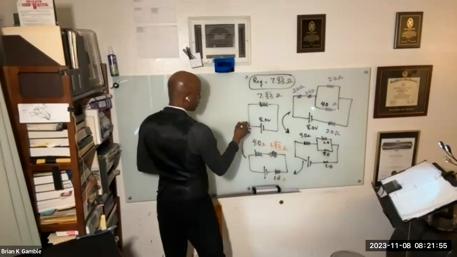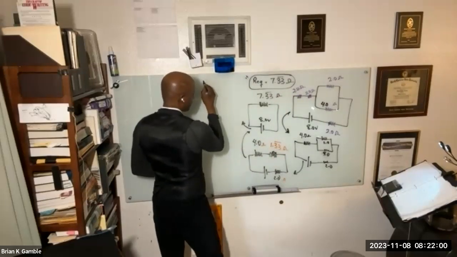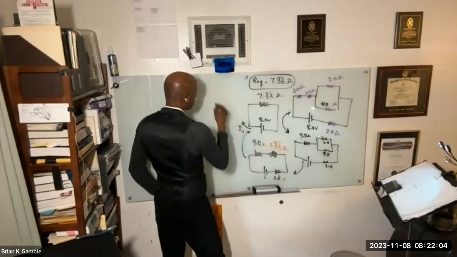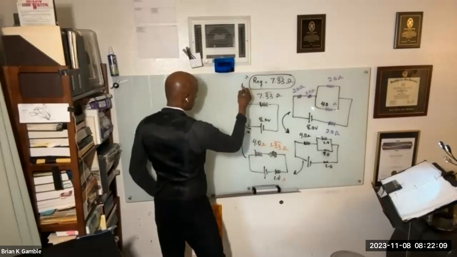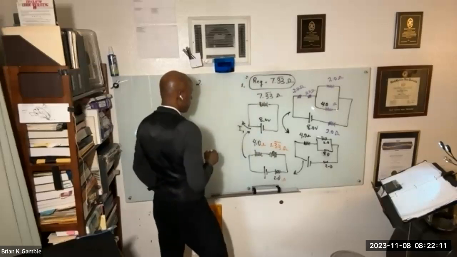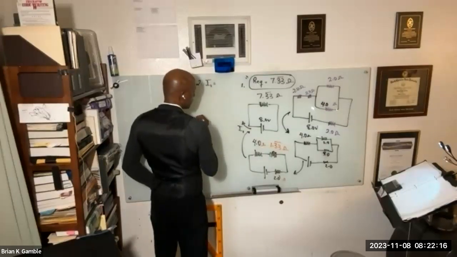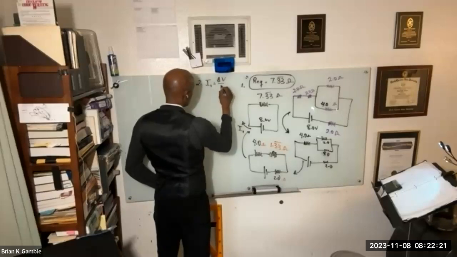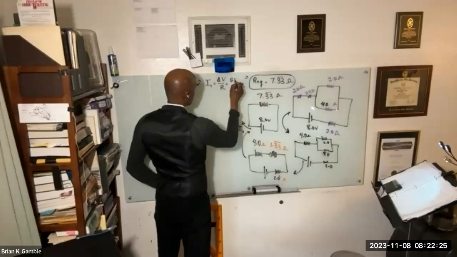Now, to get the full current coming out, it's just Ohm's law. I'll call it I1. So I1 is going to be equal to delta V over R, but in this case, it's the voltage of the battery, 8 volts, divided by the total resistance, 7.33.